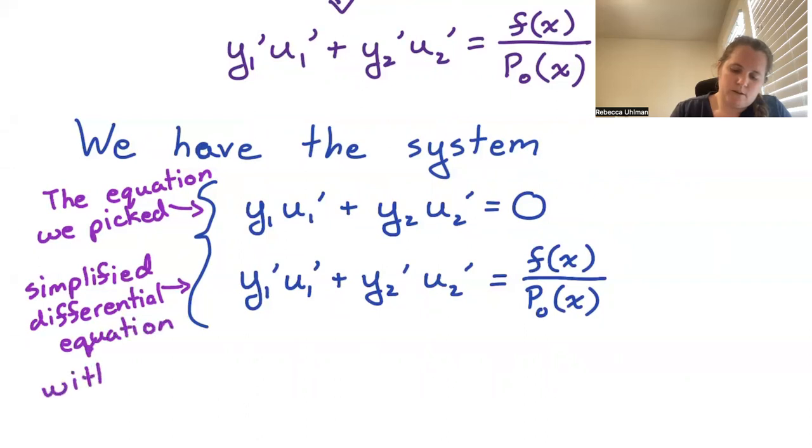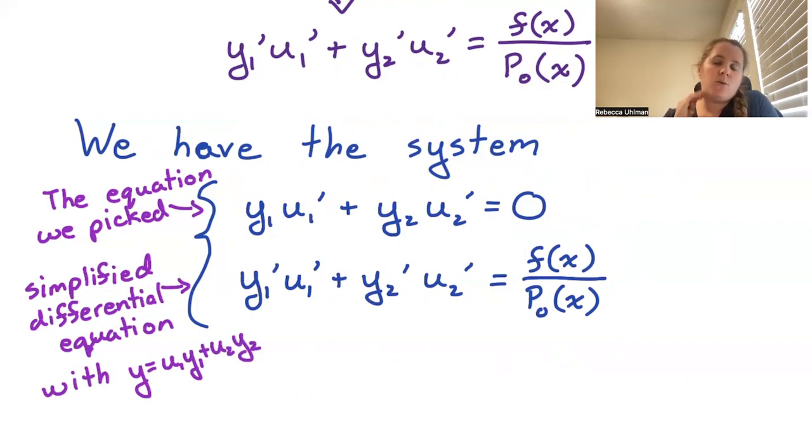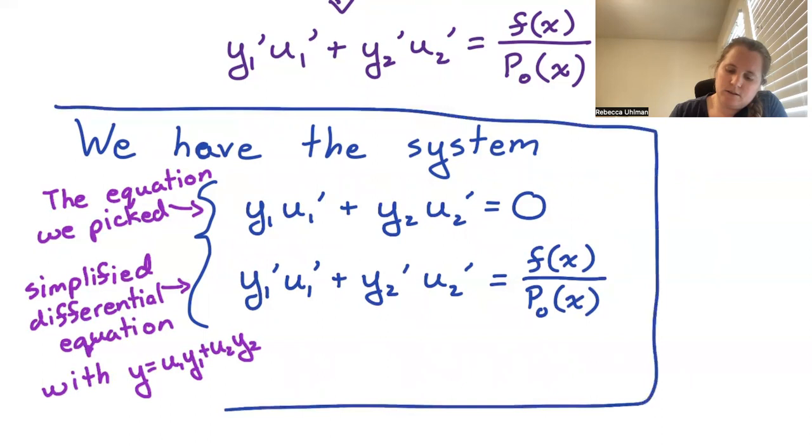With y equaling u1 times y1 plus u2 times y2. Ultimately, what we will be using for variation of parameters is we will be able to skip straight to this scenario here.